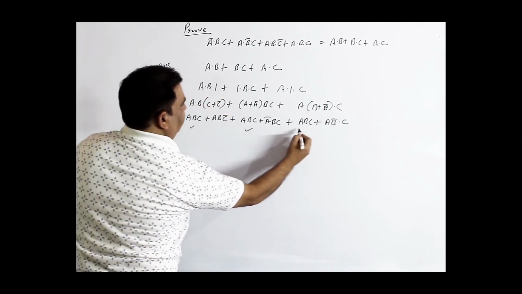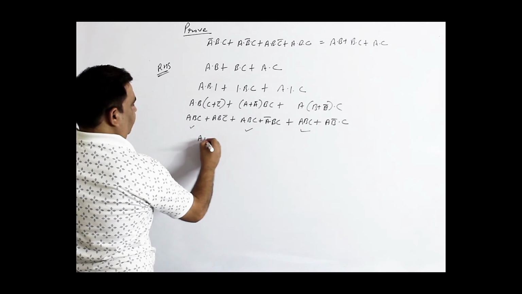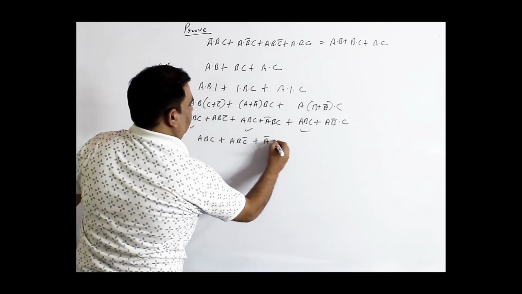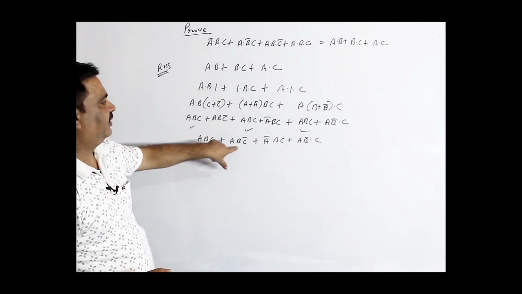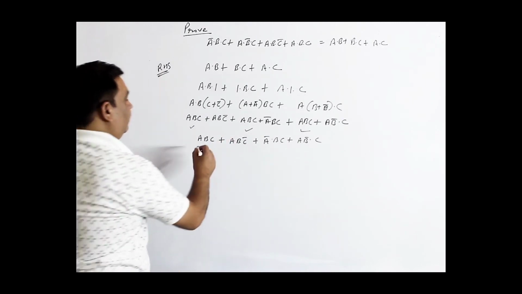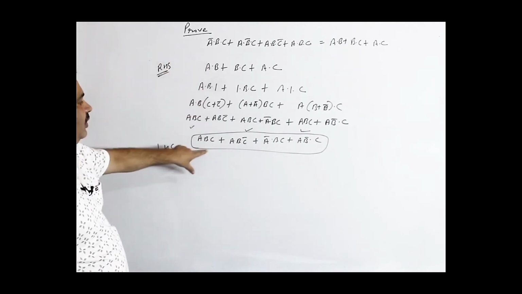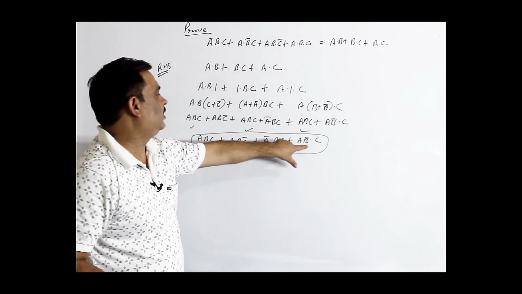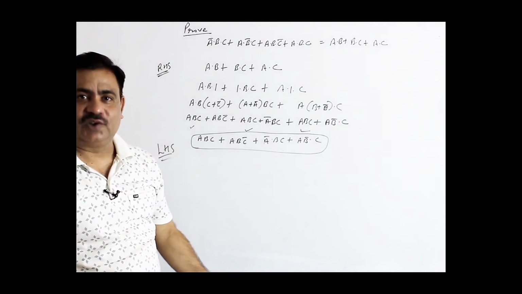The common terms are these three; write only one time A B C. Write the rest of the terms as they are: A B C complement, A complement B C and A B complement C. Compare with the LHS, hence proved. All the terms are there: A B C is here, A B C complement is here, A complement B C is here, A B complement dot C is here. So this is the third way, and in this way we can also prove.